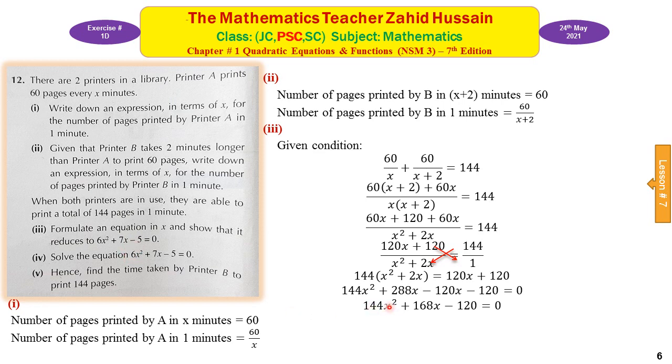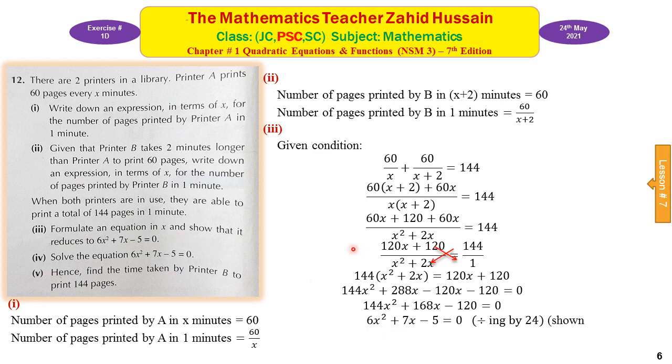So divide the whole equation by 24 to get this required equation. When you will divide 144 by 24, you will get 6. 168 divided by 24 will give you 7 and 120 divided by 24 will give you 5. So our required equation is 6x square plus 7x minus 5 equal to 0, and we are able to show the required equation.